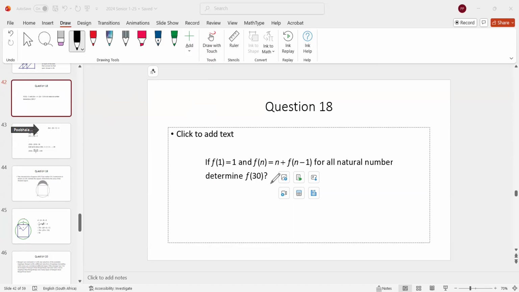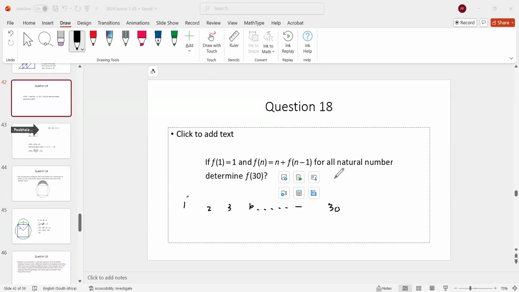You got n minus 1 here. So you could start with n equals 1 here, and f of 30, you go 1, 2, 3, 4, all the way up to 30.